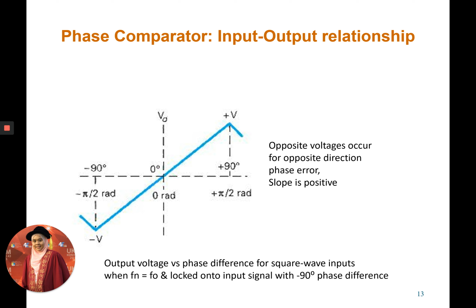The opposite voltage occurs for the opposite direction of phase error, so the slope is positive for this part. The output voltage versus phase difference for square wave inputs is when Fn is equal to Fo and locked onto the input signal with a negative 90-degree phase difference.